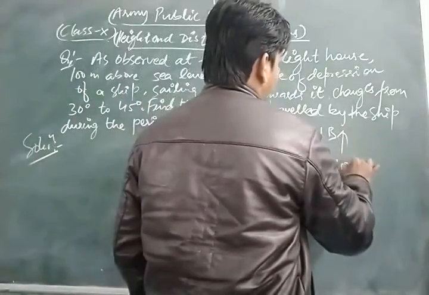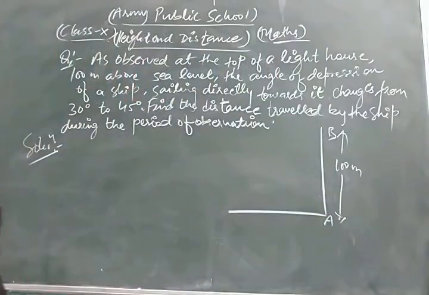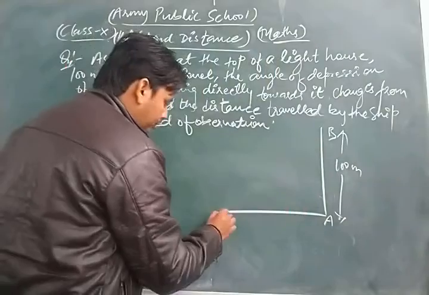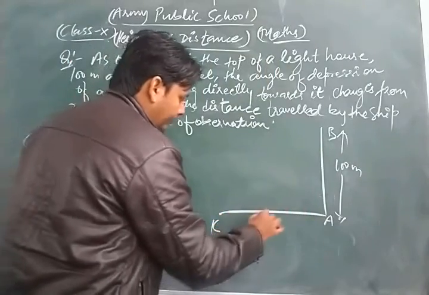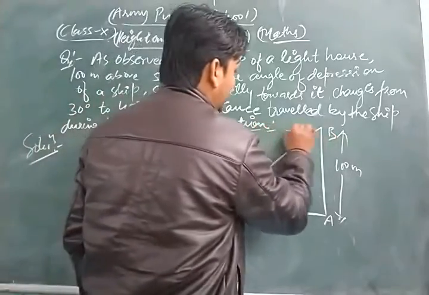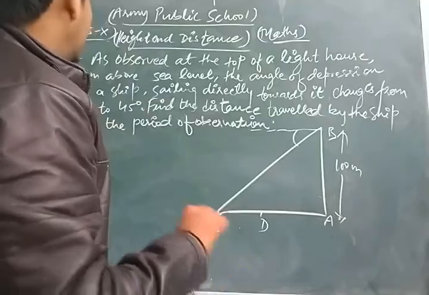There are two positions of the ship travelling towards the lighthouse. The first position is C and the final position is D, and from there the angle of depression changes from 30 to 45.